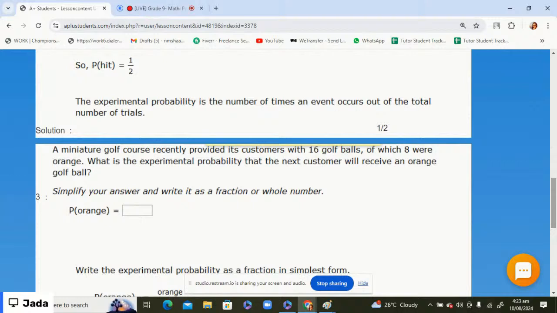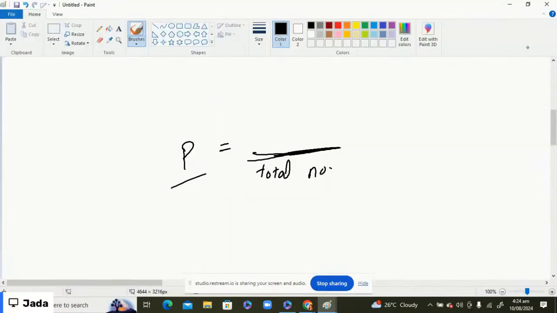What is the experimental probability that the next customer will receive an orange golf ball? You guys think about it and then answer me, everyone in the chat. What's the answer for this one?